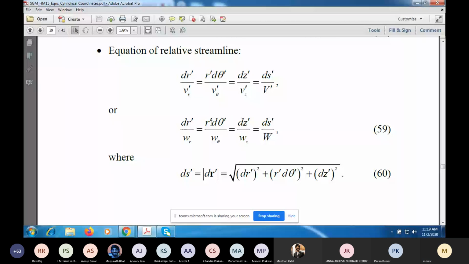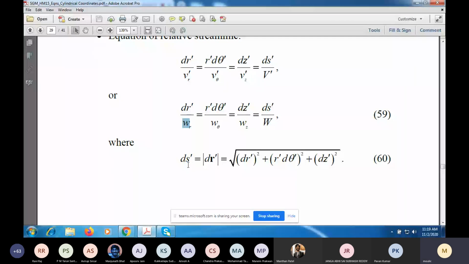Okay. So instead of using this notation V primes, I'm using W, a subscript-free notation. So here ds prime is the magnitude of the displacement vector dr prime. So it will be d of r prime whole square plus this arc length r prime d theta whole square plus dz prime whole square.